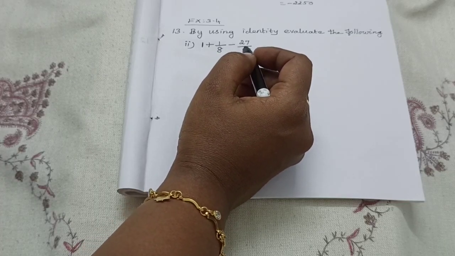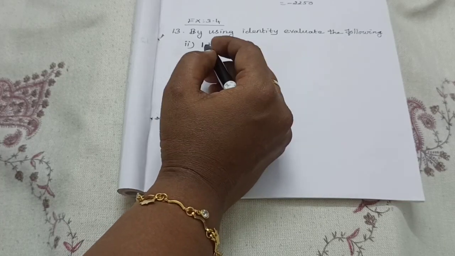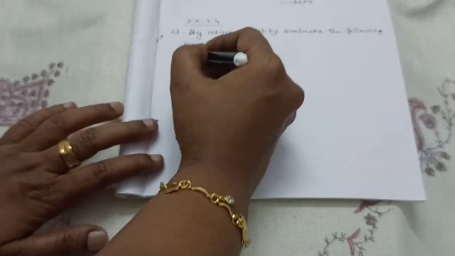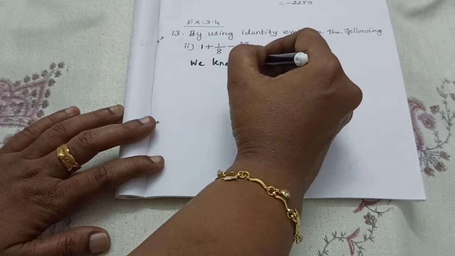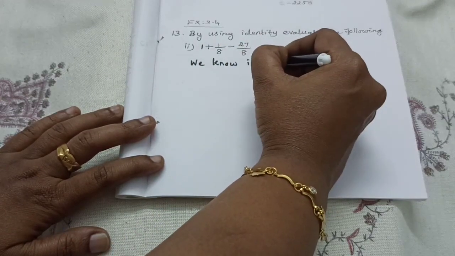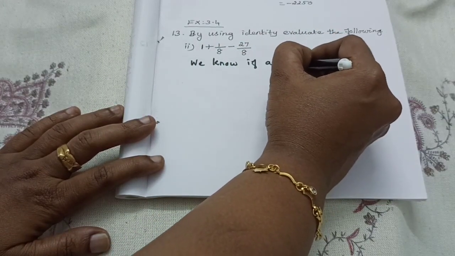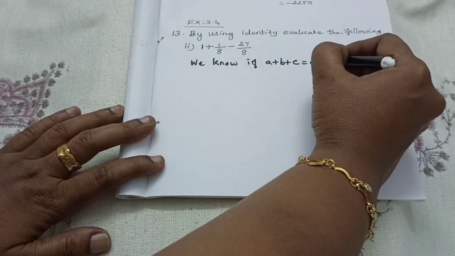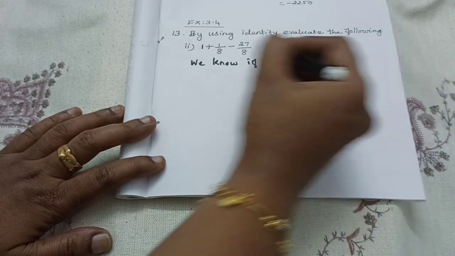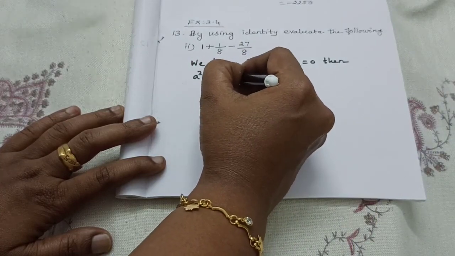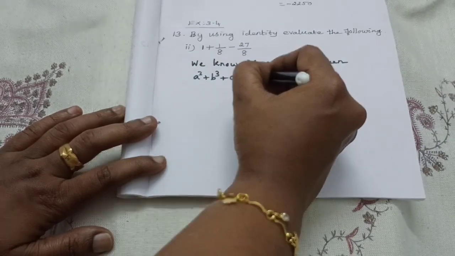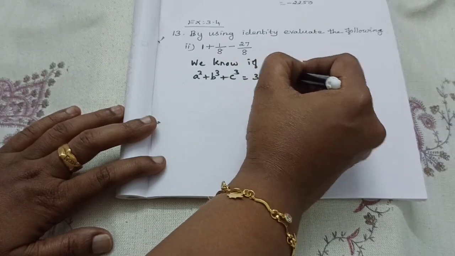Here, what do we know? If a plus b plus c is equal to 0, then a cube plus b cube plus c cube is equal to 3abc.